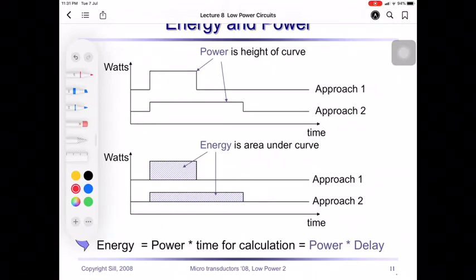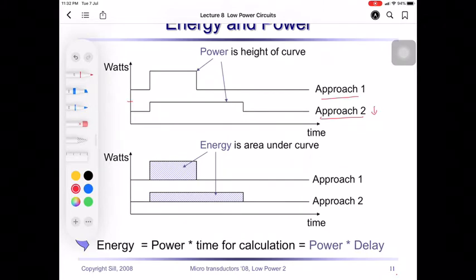But in terms of energy, the energy is the same because energy is defined as power times delay. Energy is the area under the curve, and approach 1 and approach 2 consume the same energy because they have the same area under the curve.